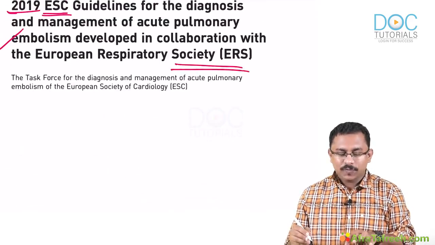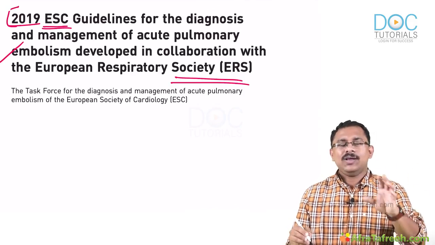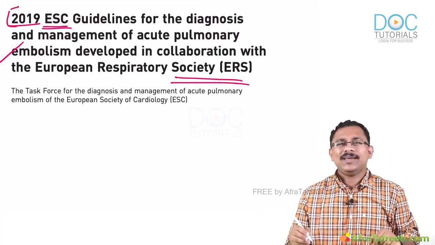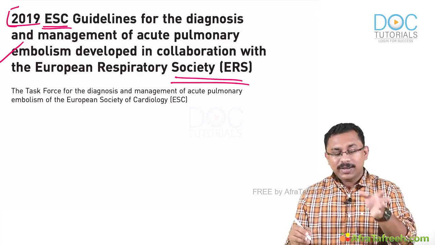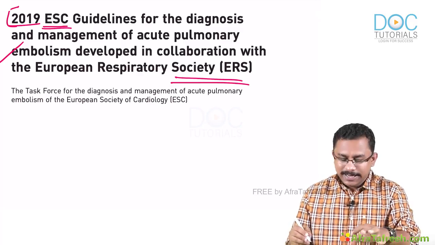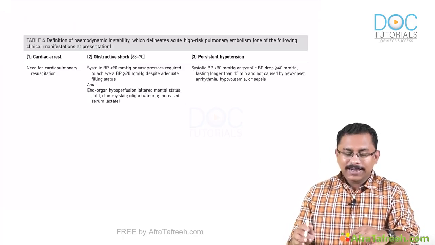Before the guidelines of 2019, there was a previous 2014 guideline also, but in the 2014 guideline, they vaguely used the term hemodynamic instability. But when it came to 2019, they had better definitions for what is this hemodynamic instability. I'll just show you. Again, this is taken from the guideline itself.